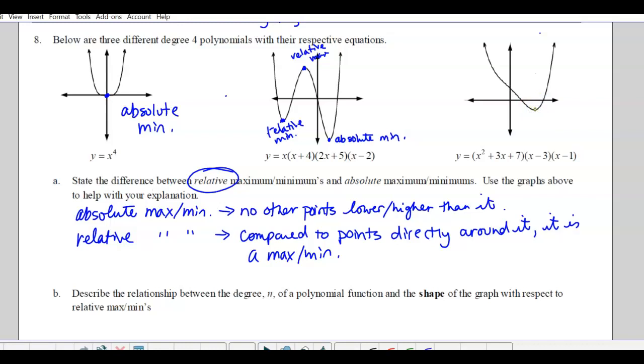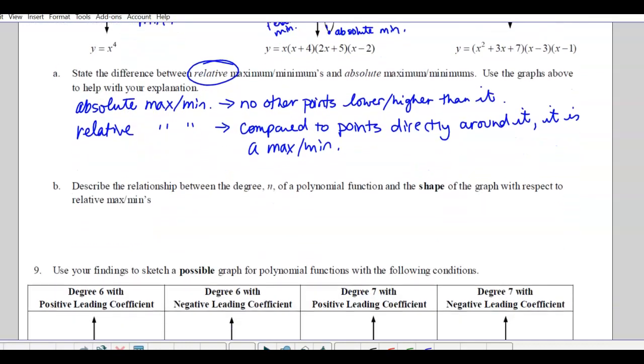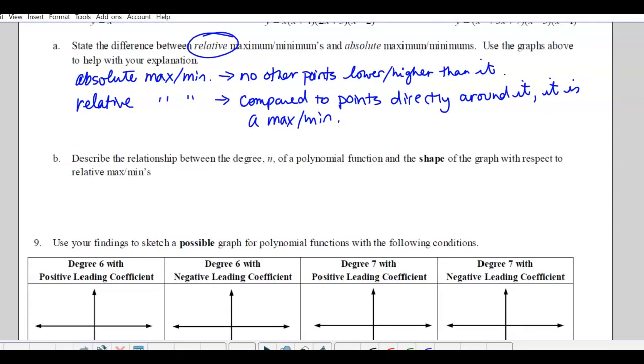So basically, remembering that degree 4, for example, both arms have to go up or both down. We couldn't have this ending back down here, even with a zigzag in there. Okay, so the maximum number of min or max points on your graph will be one less than n.